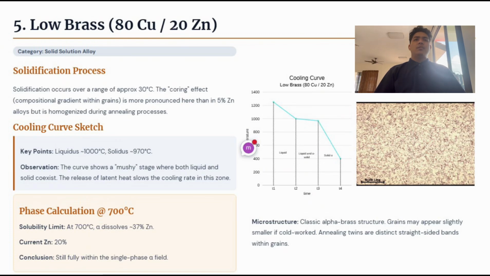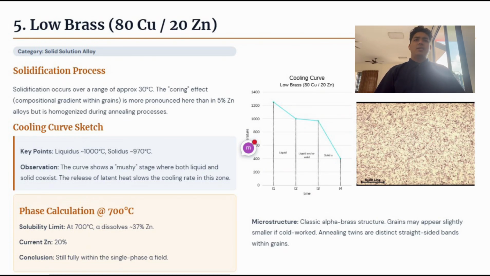The cooling curve shows the solidification beginning at the liquidus temperature of approximately 1000 degrees Celsius and completing at the solidus temperature of around 970 degrees Celsius. In the mushy zone, the cooling rate slows due to the release of latent heat.